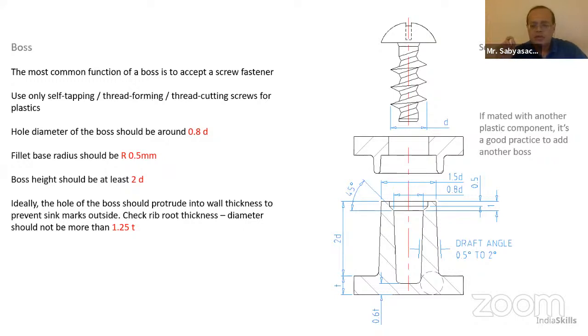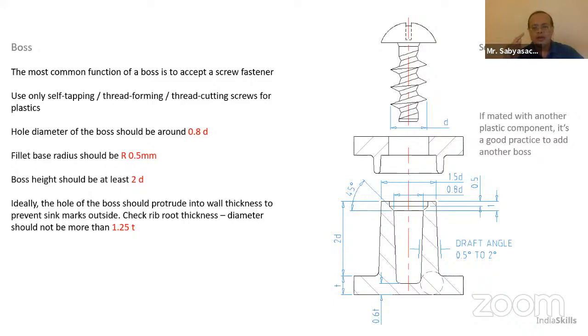This is something that will require a little bit of understanding. Supposing you have 2 components coming together, or a PCB that you want to fasten to a plastic component. What you have is a boss, and a fastener, which is a self-tapping screw that cuts a thread into the boss and holds on.